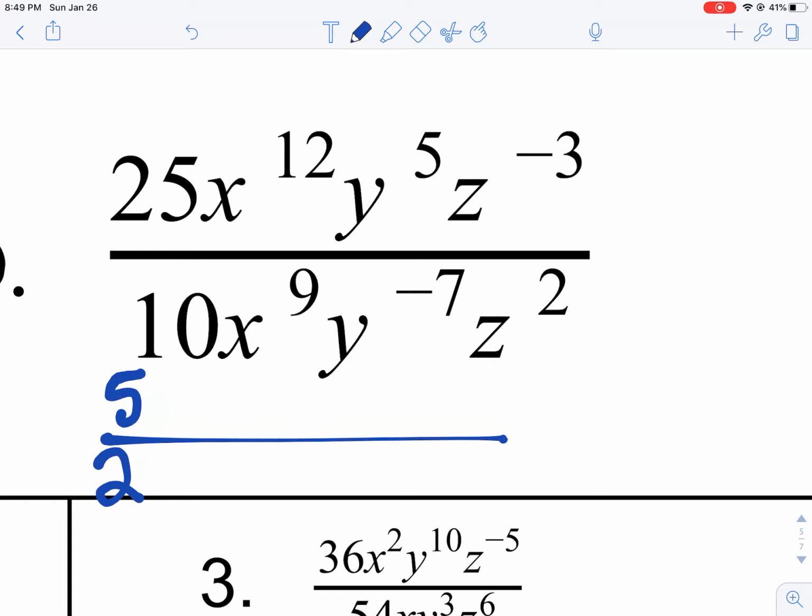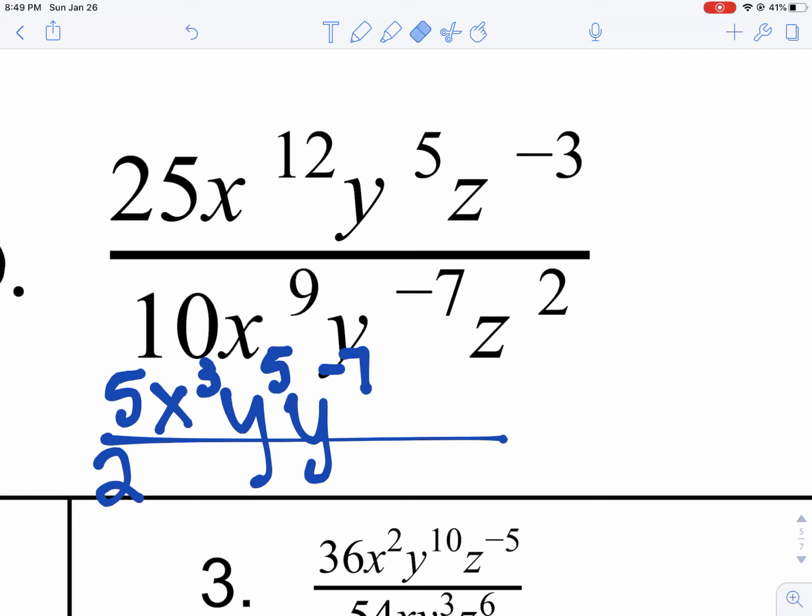I have x to the 12th over x to the 9th. So I have more x's in the top, so I'm going to have leftovers if I cancel my pairs out. And 12 minus 9 gives me 3. Now my y's, I have a y to the 5th, but I also have that y to the negative 7 that needs to move up.